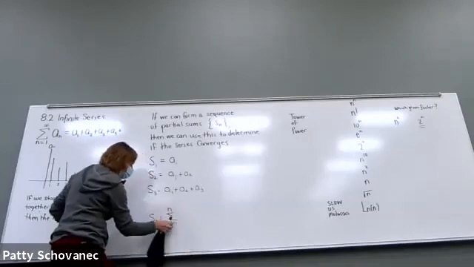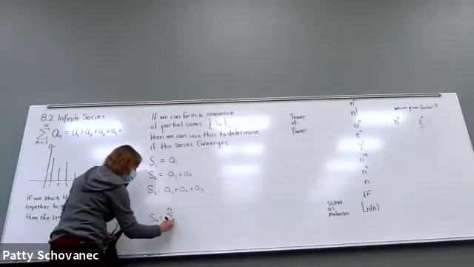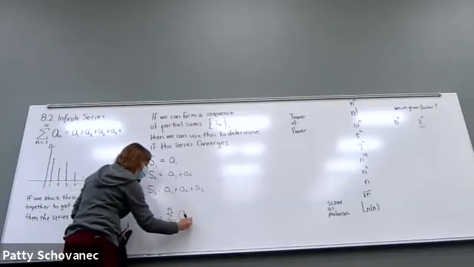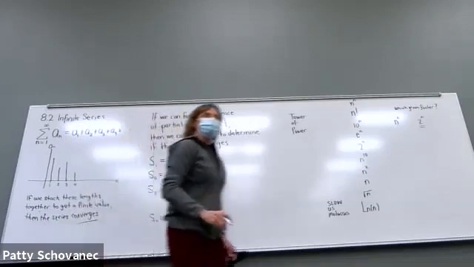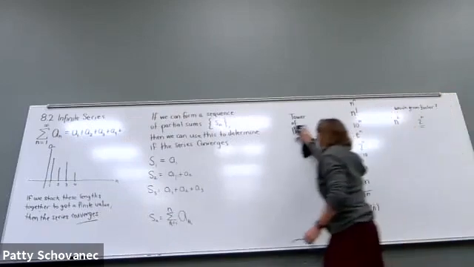Let's change my counter to a K. K is equal to 1 to n of a_k. If this sequence of partial sums converges to a number L, then the series also converges to that number L.